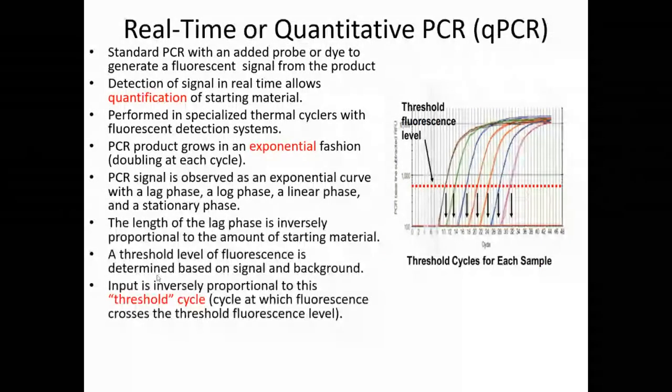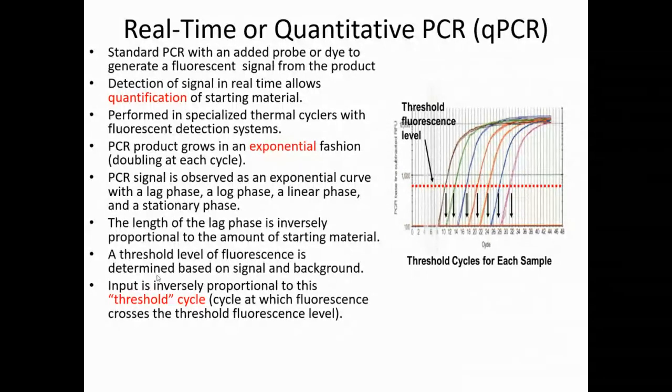Now, the most important one is called real-time PCR, which is quantitative PCR. It's a technology for the quantification of nucleic acid in real time, because it quantifies the amplification of DNA during the reaction.